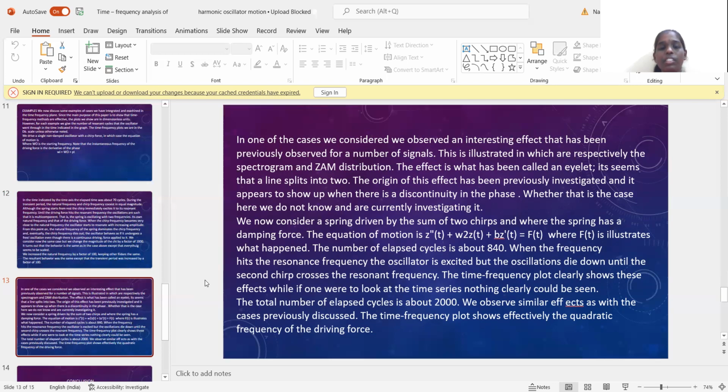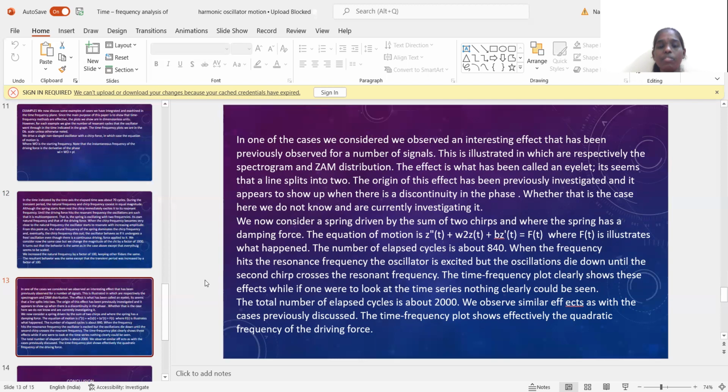When the frequency hits the resonance frequency, the oscillator is excited, but the oscillations die down until the second chirp crosses the resonant frequency. The time frequency plot clearly shows these effects, while if one were to look at the time series, nothing clearly could be seen.